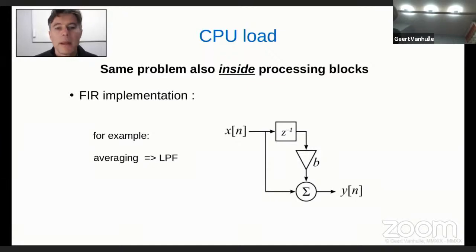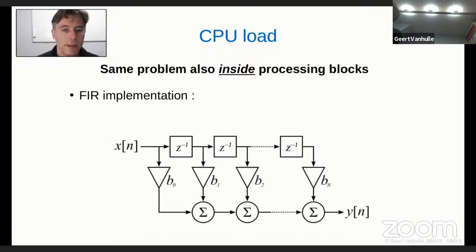If you take an average of signals, then all the high-frequency components will be removed. So this is a stage of such a filter. And as we add more of these stages after each other, we can create a certain frequency response. We can create a sharper low-pass filter, or we can even make a band-pass filter or a high-pass filter. So this is a typical finite impulse response implementation.